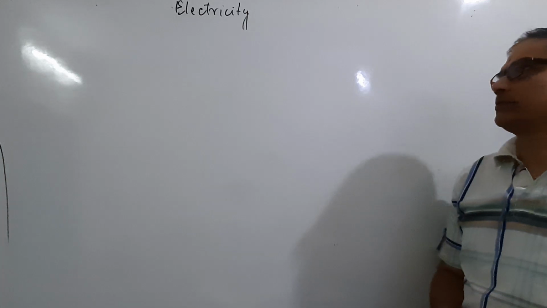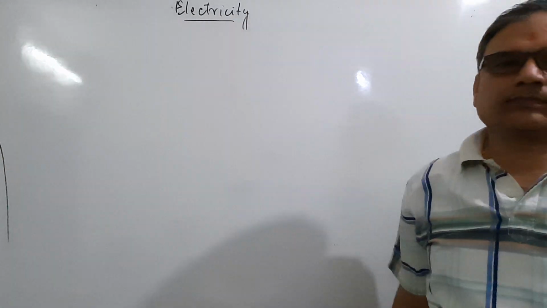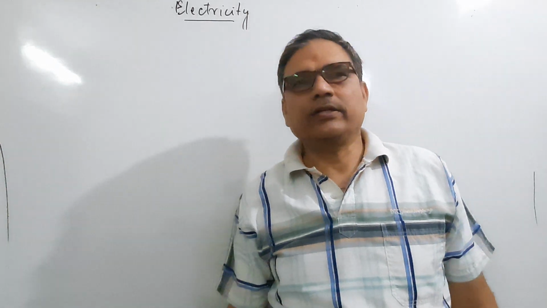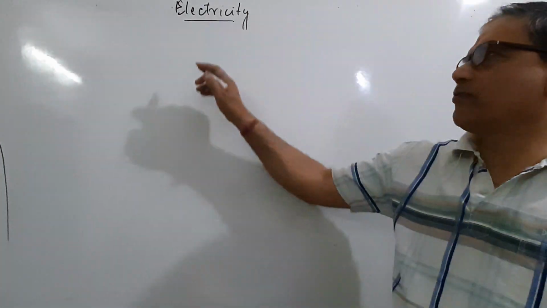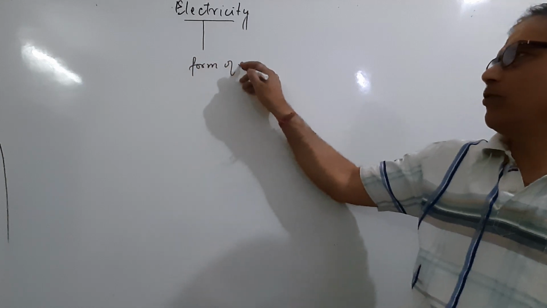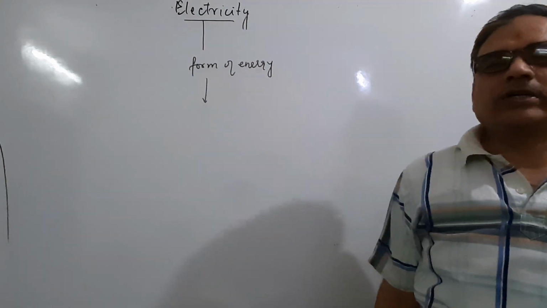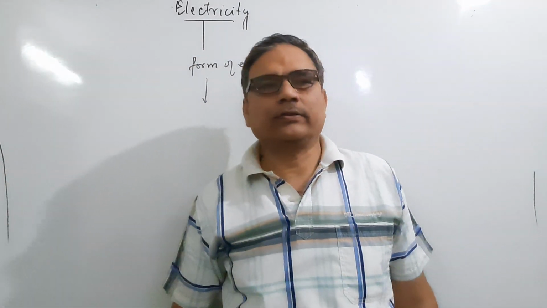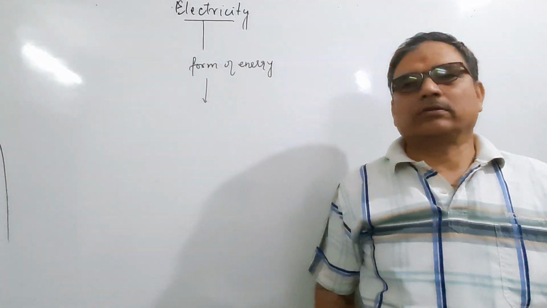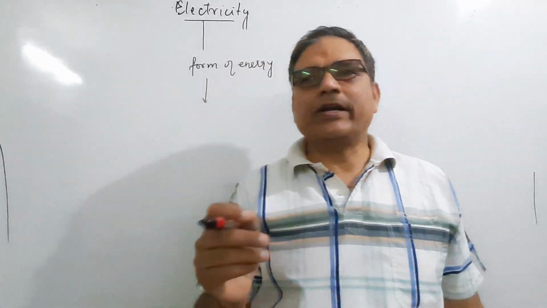Now we start electricity. What is electricity? Generally, electricity is a form of energy. This form of energy is controlled and convenient to use.